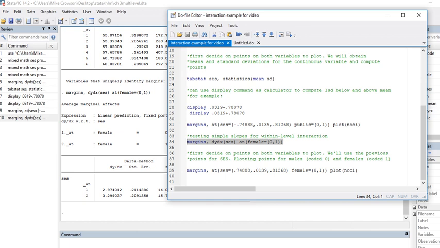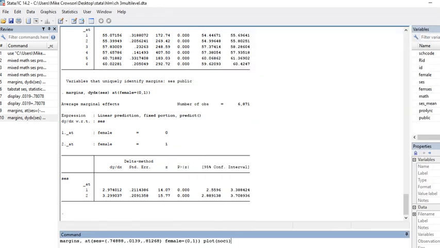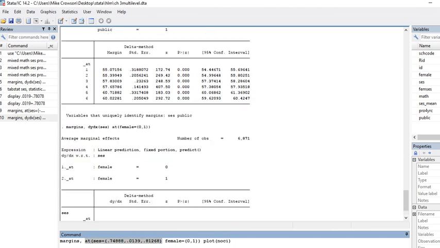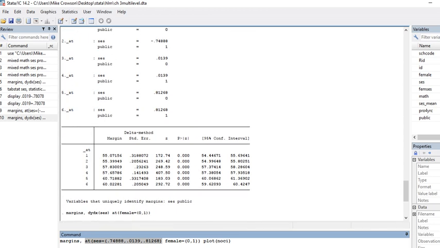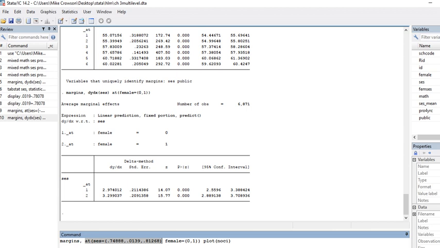If I want to generate the plot of those simple slopes, you can see that I'm just basically using the margins command again, comma, and then at, then SES. So all of this right here is exactly the same as what we had above when we plotted out the simple slopes.